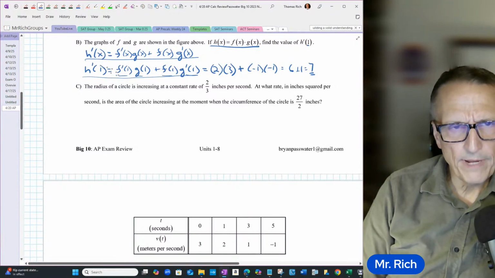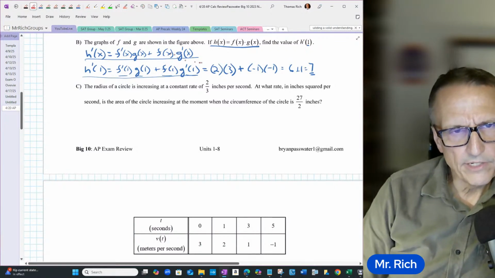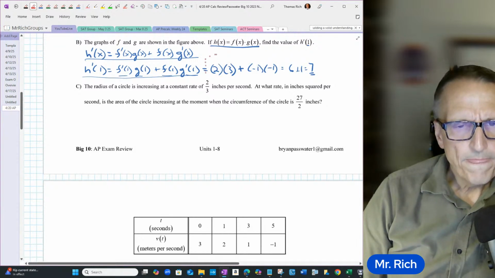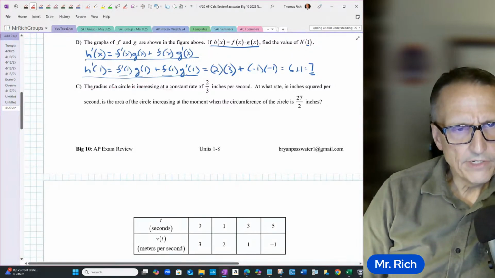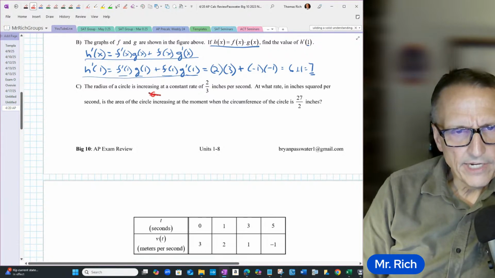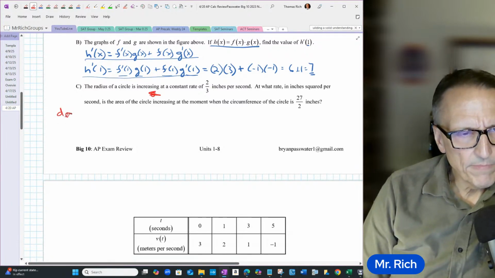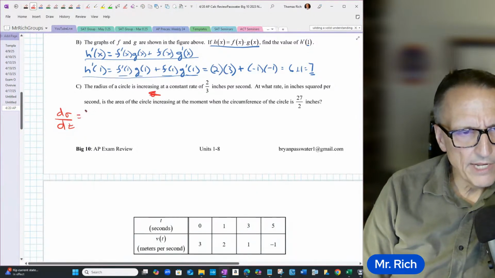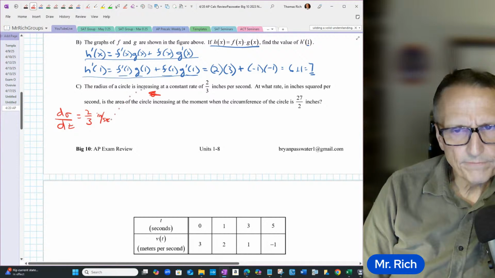Let's go back and categorize the quantities that they've given us. If the radius is increasing at that rate, that is dr dt. The rate of change of the radius is a positive 2/3 inches per second.